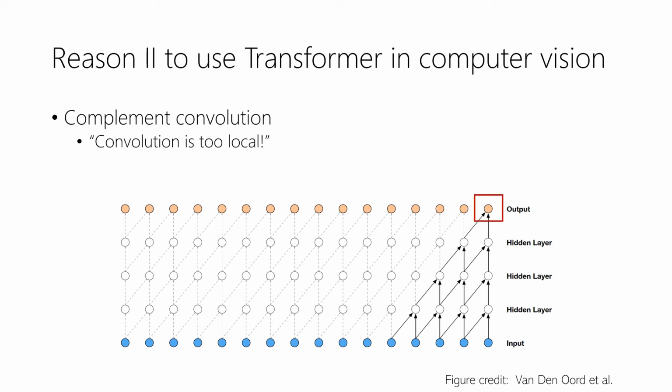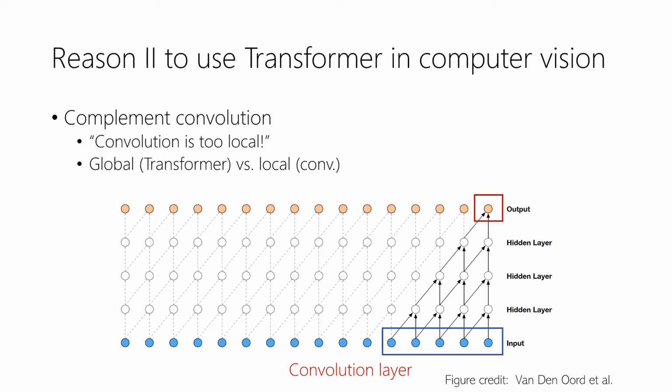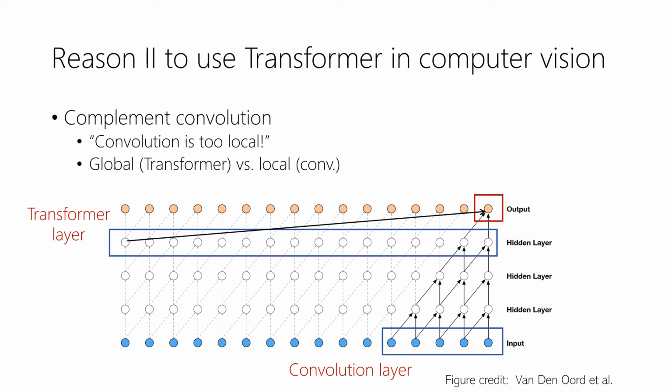For this output, even by stacking four layers, only pixels within a very short distance are modeled. Other pixels are not. The transformer layer is complementary to this local convolution layer, in that it can see all input nodes by a single layer.